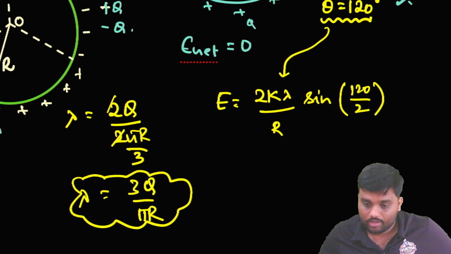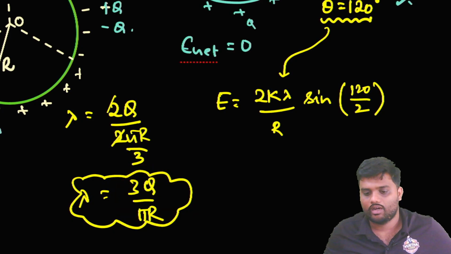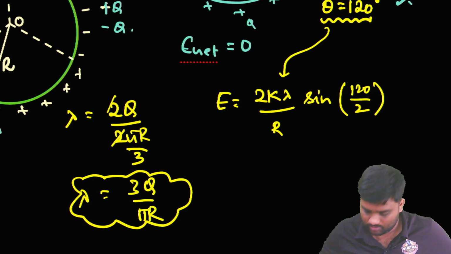So from here we have lambda as 3q by pi r. See why we are doing all this, because nowadays the questions are coming with respect to concepts.